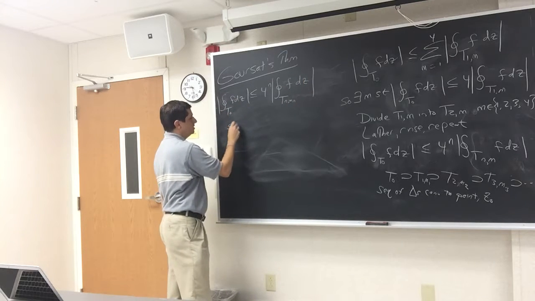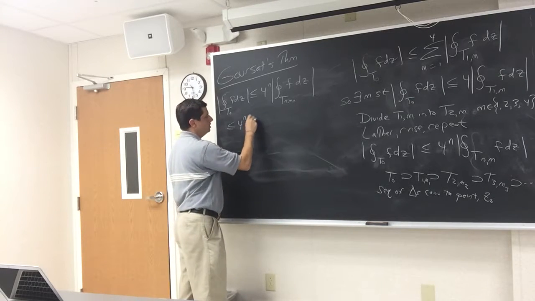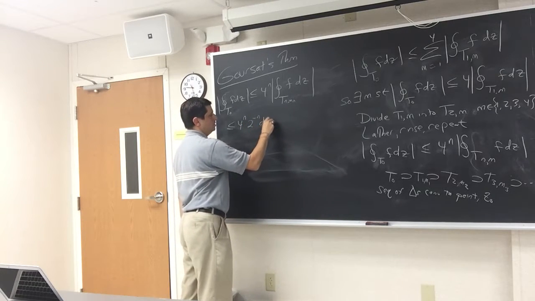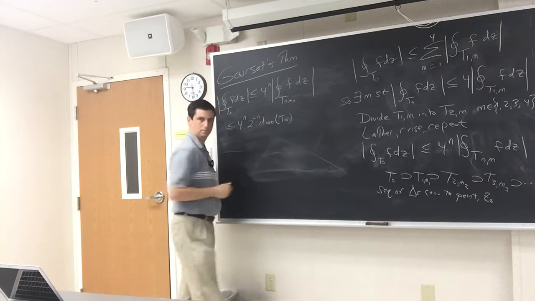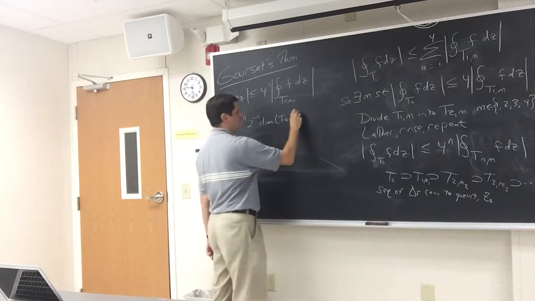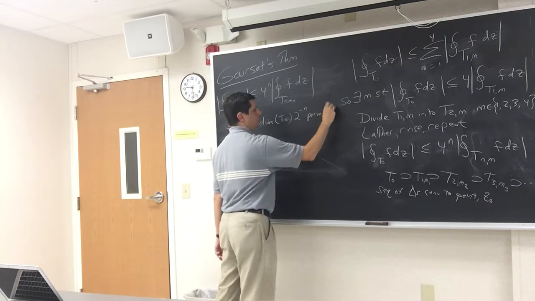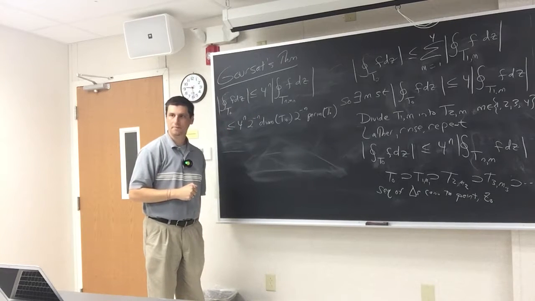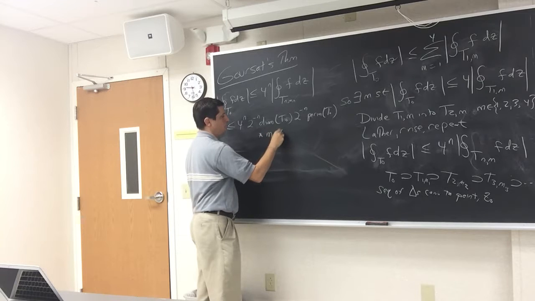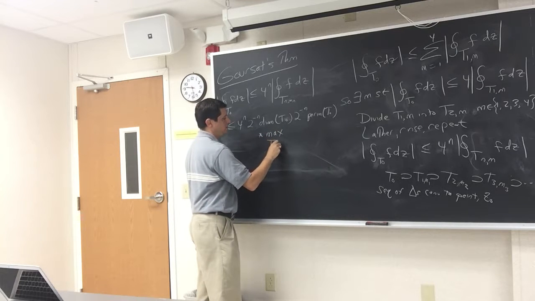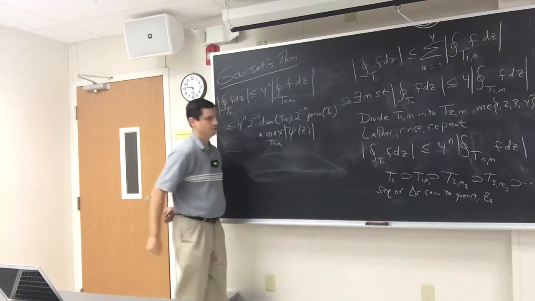And then that's going to be less than or equal to 4 to the n, then I will have a 2 to the negative n diameter of t0, and then I'll have a 2 to the negative n perimeter of t0. And then it'll just be times the maximum value over tn mn of c of z in absolute value.